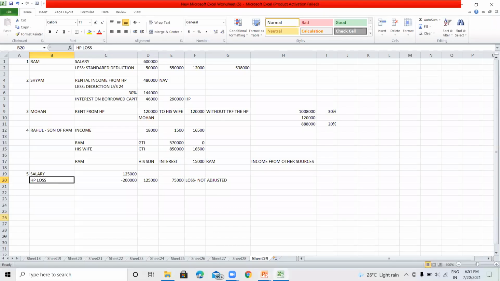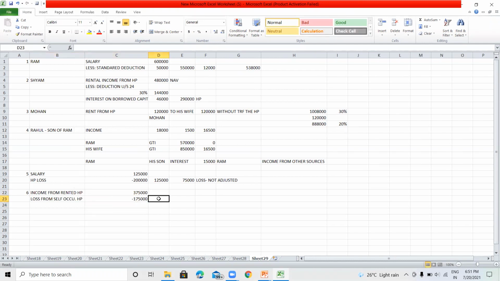For example, an assessee has income from rented house property of 3,75,000 and a loss from self-occupied house property of 1,75,000.